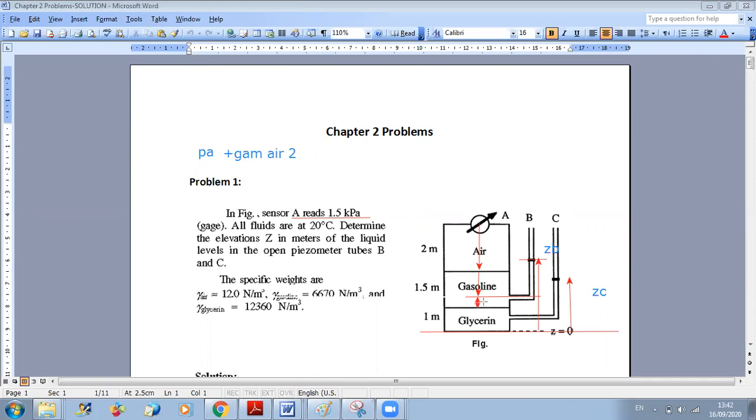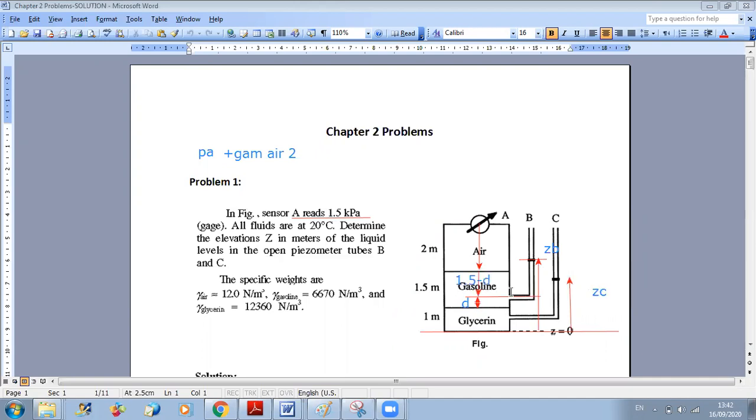So all you have to do is to name this distance. Let's say you call it distance D, okay? So if you call this distance D, then I am going into gasoline a distance 1.5 minus D. So I'm going down here a distance equal to 1.5 minus D, okay?